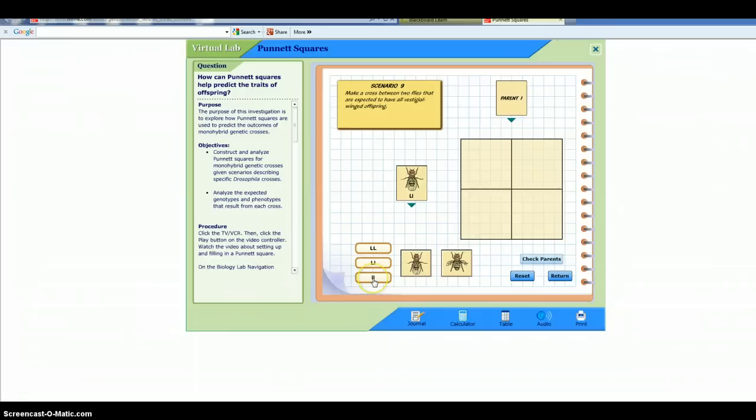Well, if vestigial wing is double recessive, then it's this way, and we've got to have that one. If all of the offspring are going to be double recessive, then we can't have any large L's in here at all, right? So we've got to have one of these times one of those.